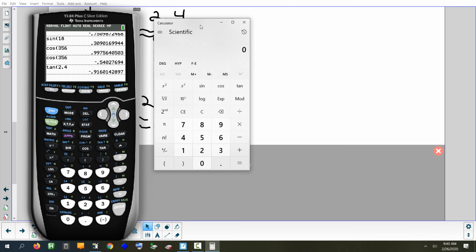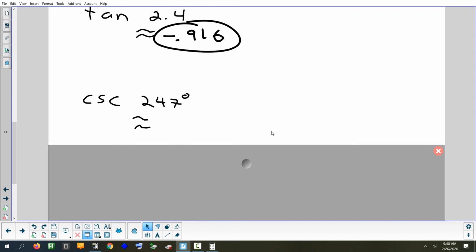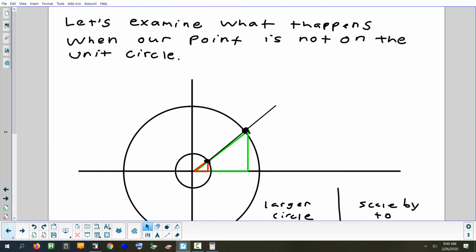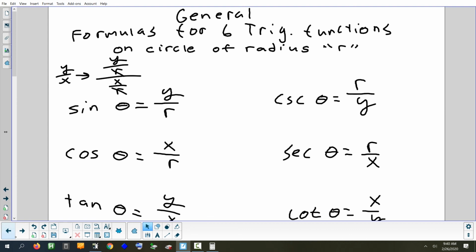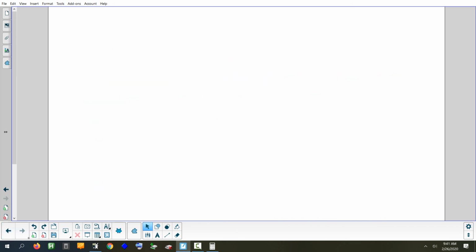So the only way to get CSC is the same way we've been getting CSC all week. To get the one over here, what do you do? Flip the sine. So the only way to get the cosecant is to take the sine and flip it. So that's exactly what we're going to do.